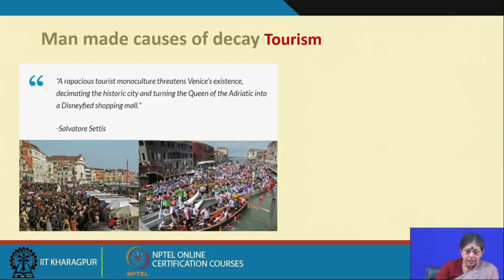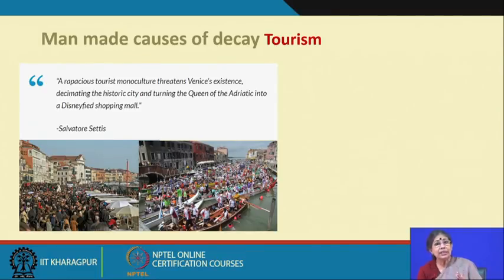As you can see in the tourism season, it is actually so crowded. And there is a quote: a rapacious tourist monoculture threatened Venice's existence, decimating the historic city and turning the Queen of the Adriatic into a Disneyfied shopping mall.